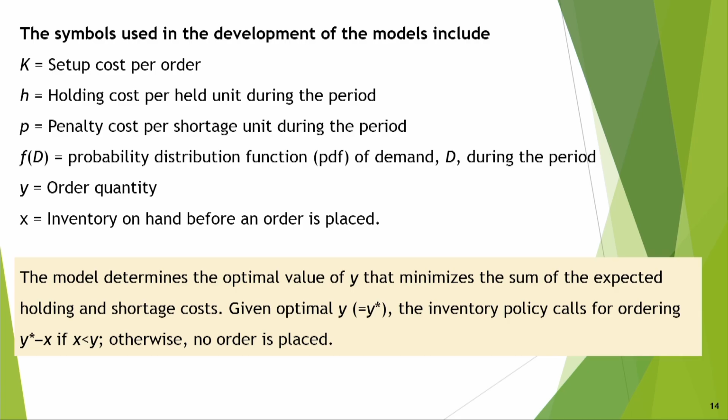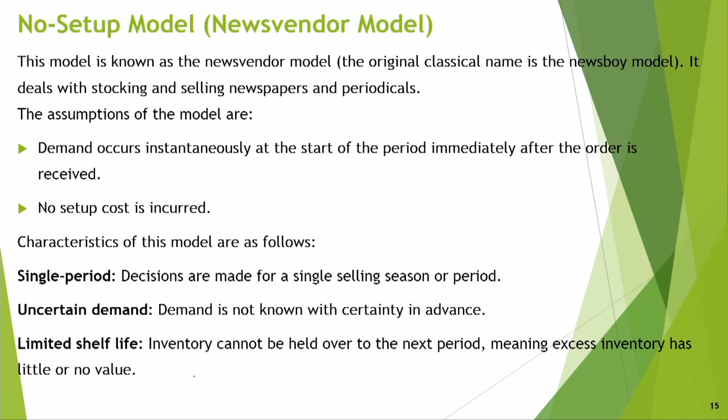Y is the order quantity and X is the inventory on hand before an order is placed. The model determines the optimal value of Y that minimizes the sum of the expected holding and shortage cost. Given optimal Y equal to Y star, the inventory policy calls for ordering Y star minus X if X is smaller than Y star, otherwise no order is placed. This we did already.